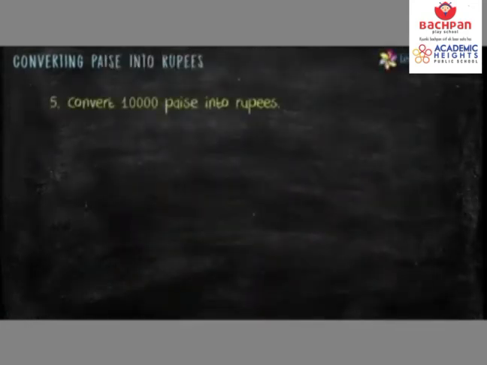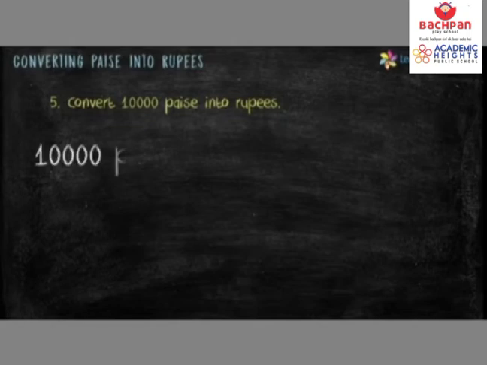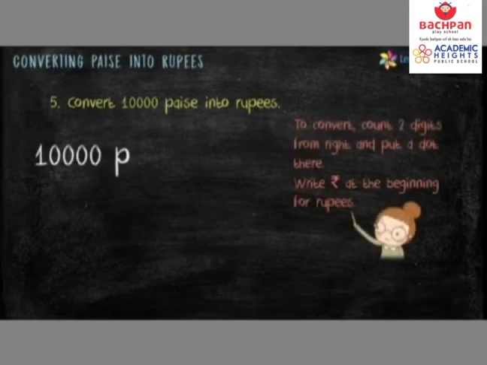Now our last example is convert 10,000 paise into rupees. Also we count the last two digits, right? That is 00, which becomes 100.00.